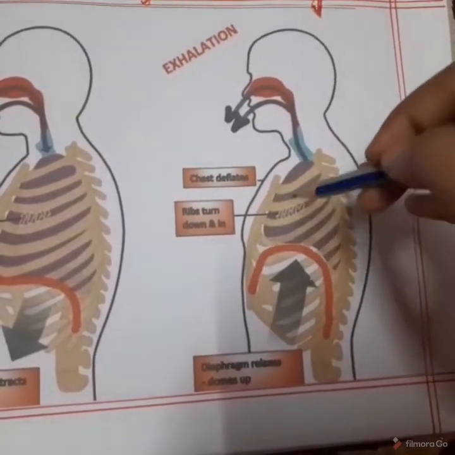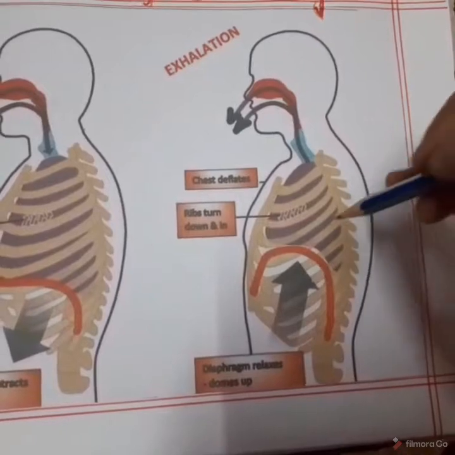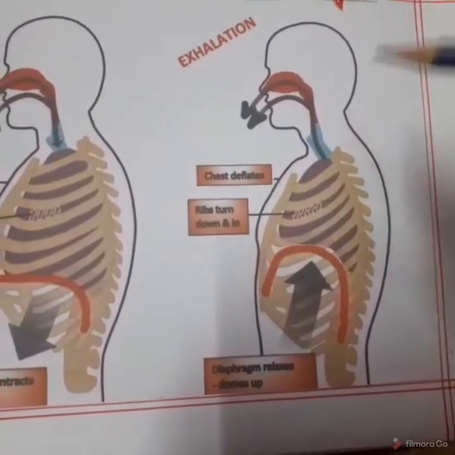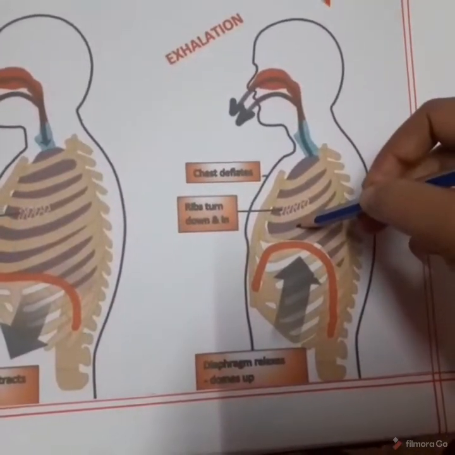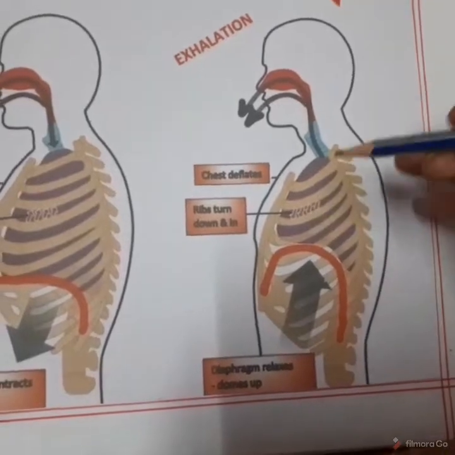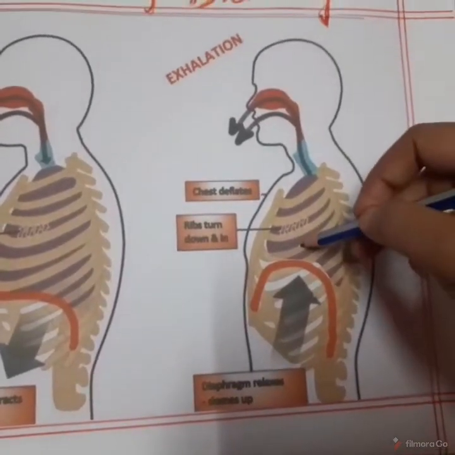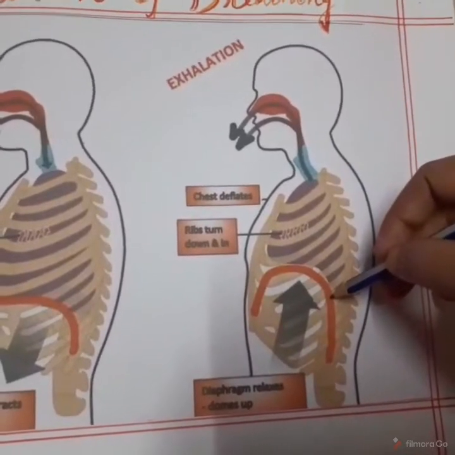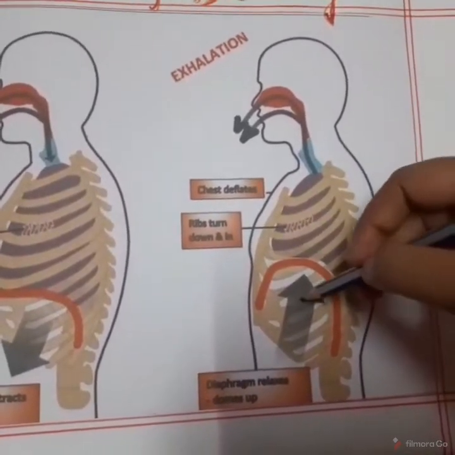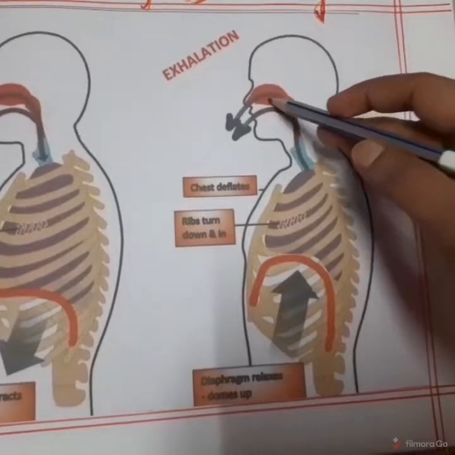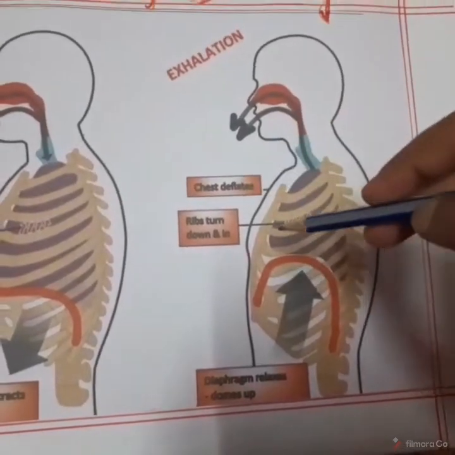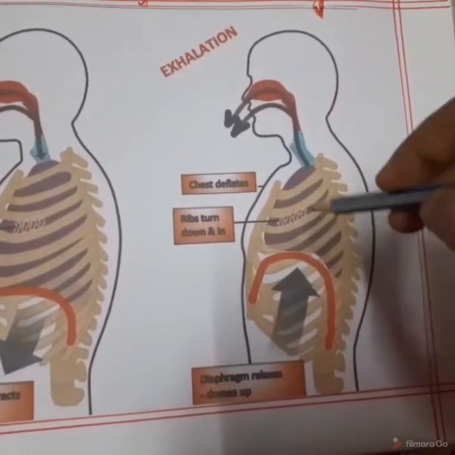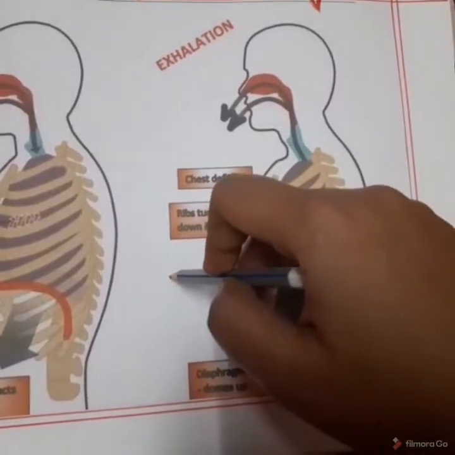As the volume of the chest cavity decreases, there is more pressure inside the lungs. And due to this increased pressure and the decrease in the volume of the chest cavity, the air from inside the body moves outside. There is also a relationship between the internal body pressure and the external pressure.